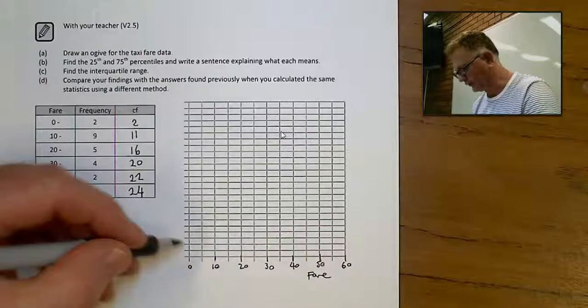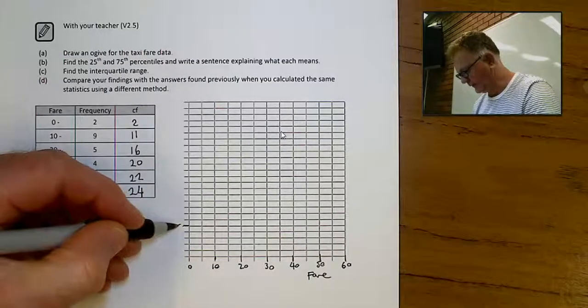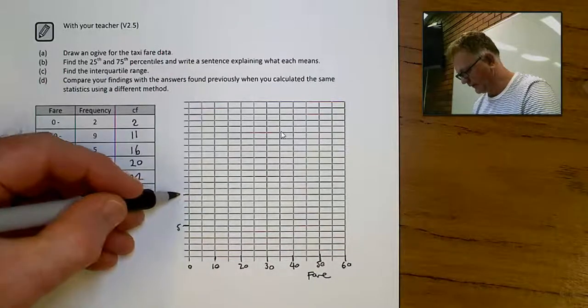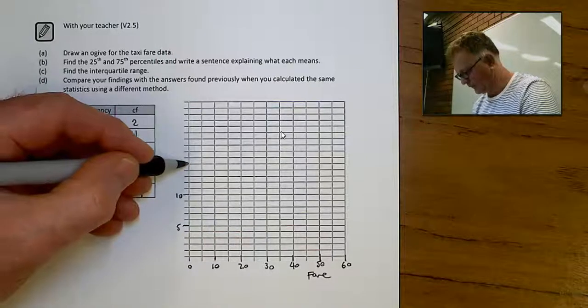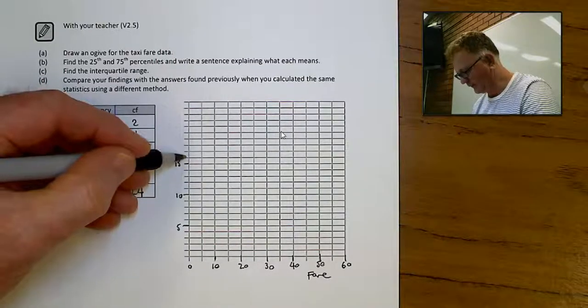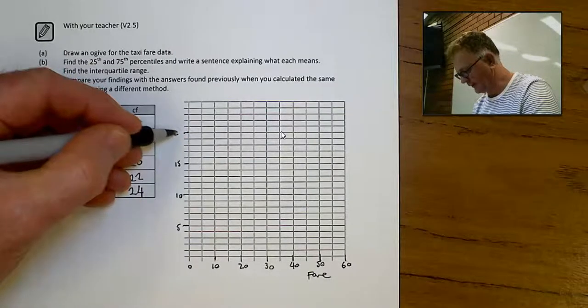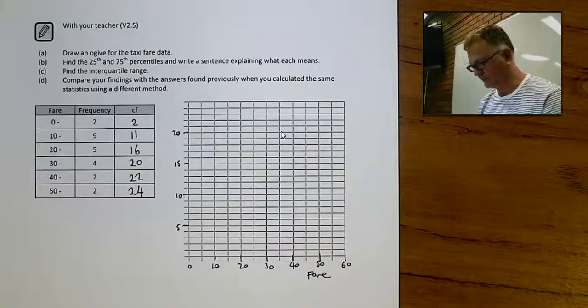That'll get us up to 24. 1, 3, 4, 5, 10, 15, 20, and we've got to get up to 24, so that will fit nicely.